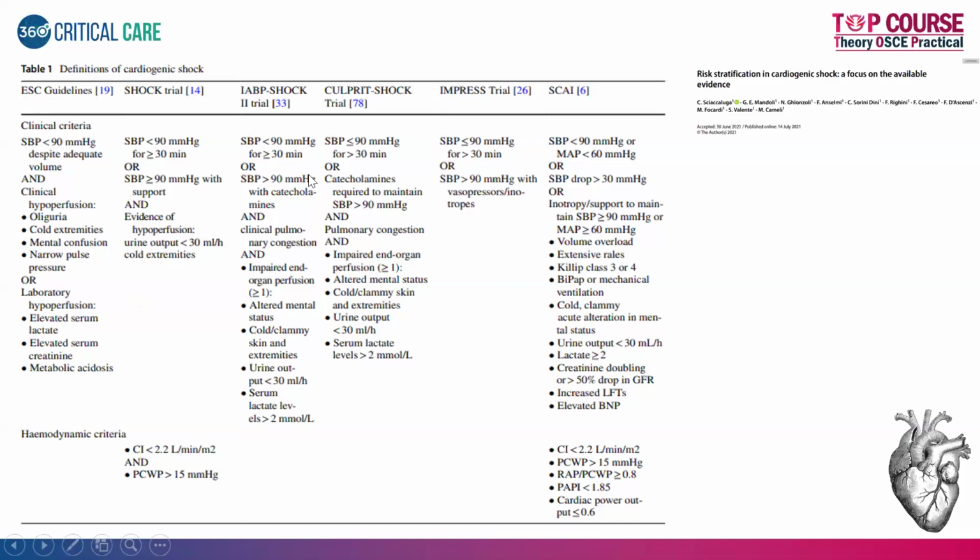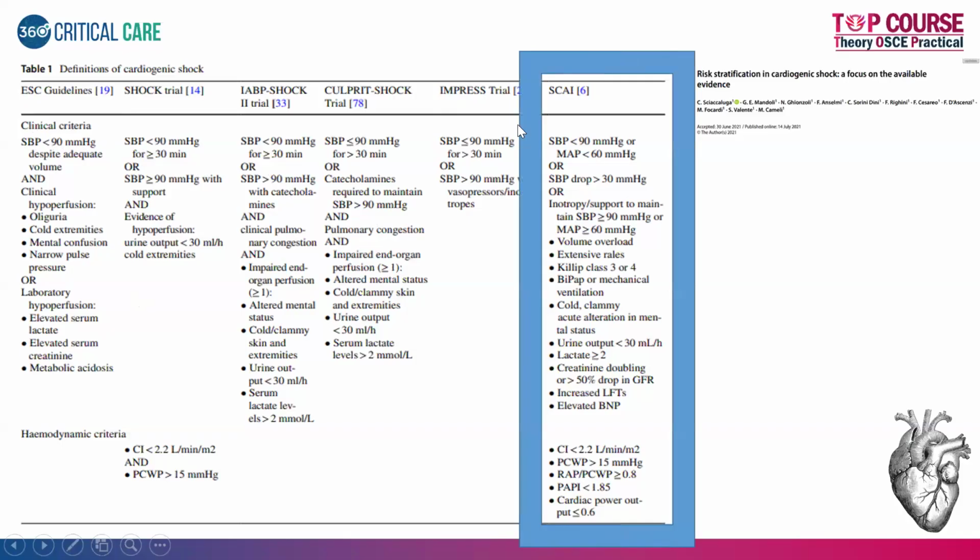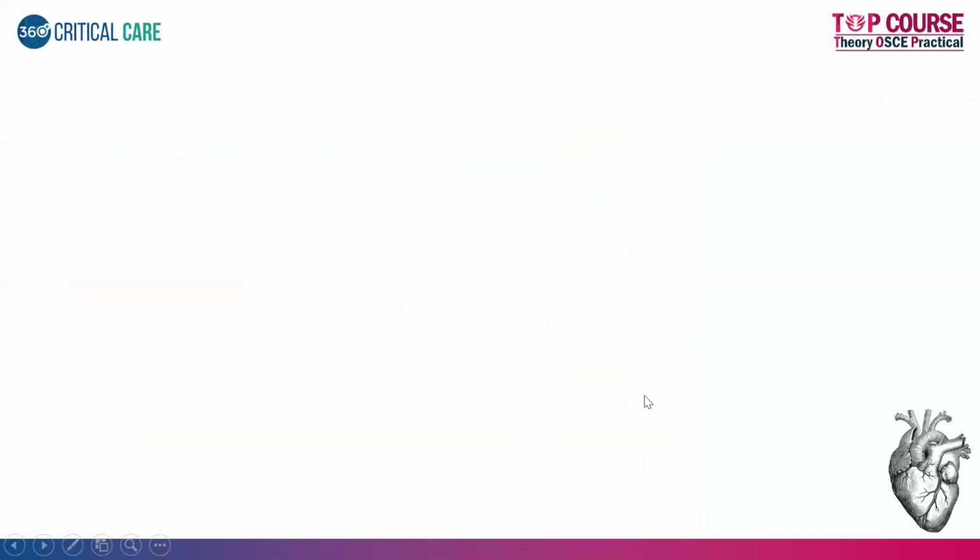Slowly, there were many trials in cardiology where they used different definitions of cardiogenic shock on a per-trial basis, but per se there was no definition until recently when the Society of Cardiovascular Angiography and Intervention came in with comprehensive definition parameters. It involved both hemodynamic parameters and clinical parameters.